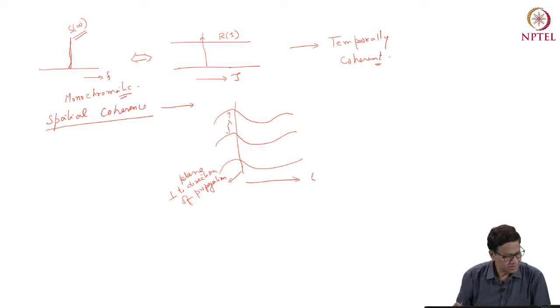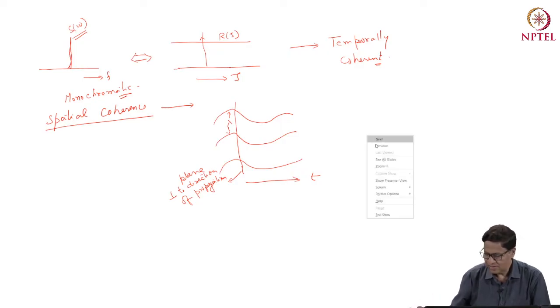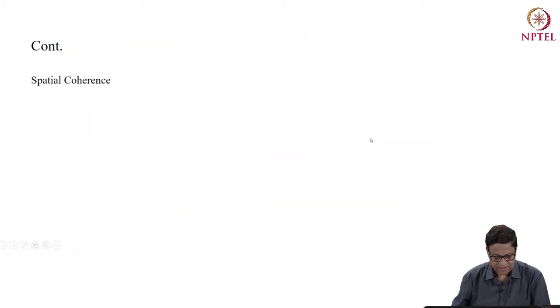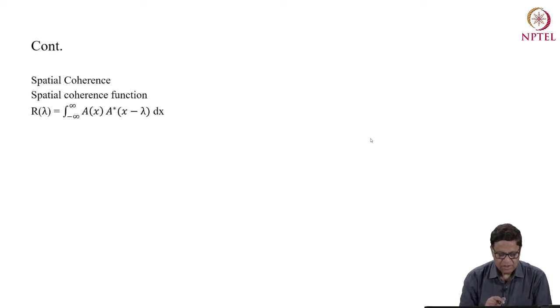Now, if my coherence function, the coherence function in this case will be defined as R lambda is equal to A(x) into A conjugate (x minus lambda).